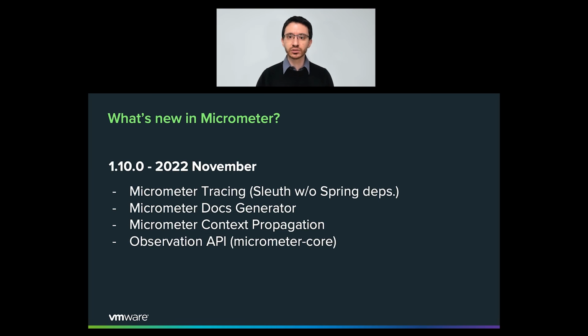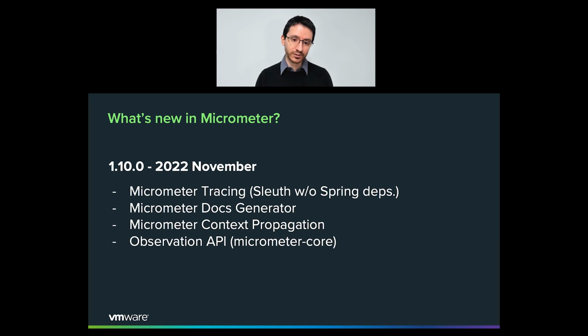So as you create your metrics and your traces, Micrometer Docs Gen will tell you what metrics were created with what list of tags, and the same for your spans as well. It's a really cool project if you want to tell other people what they should expect based on the instrumentation.